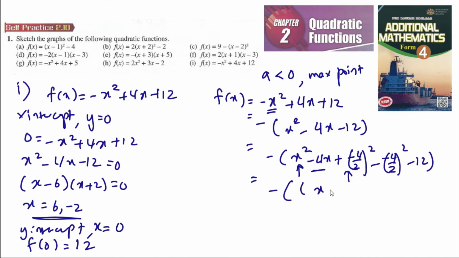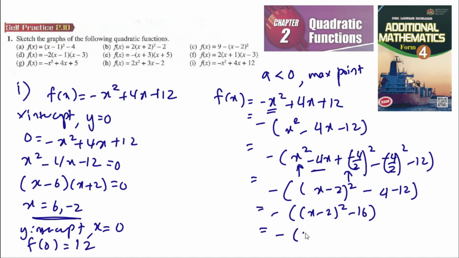So (x minus 2) squared minus 2 squared, which is 4, minus 12. So we get negative (x minus 2) squared minus 16. So when we open the bracket, we get negative (x minus 2) squared plus 16. So we know the maximum point is 2 and 16.